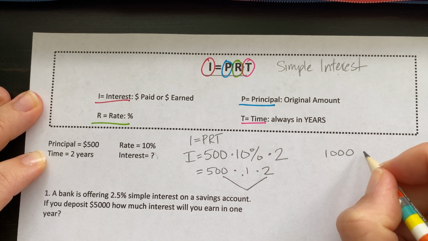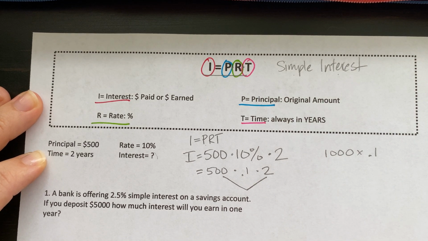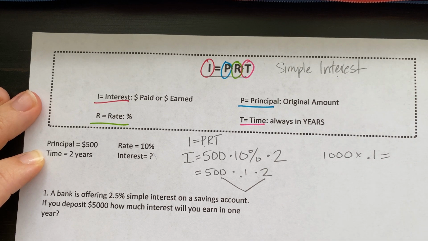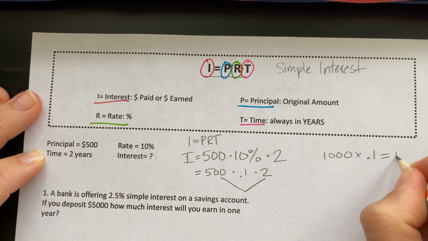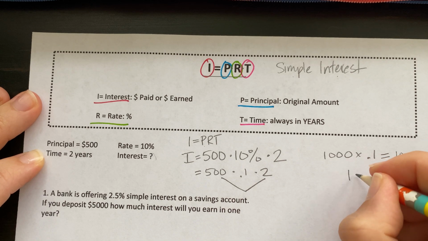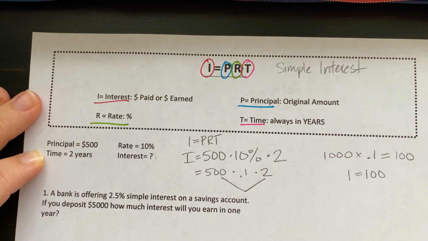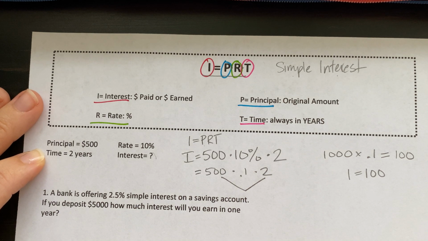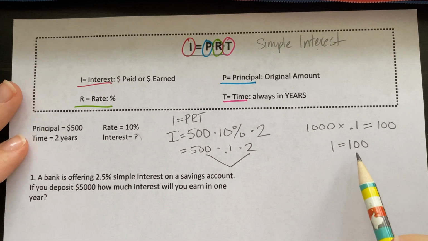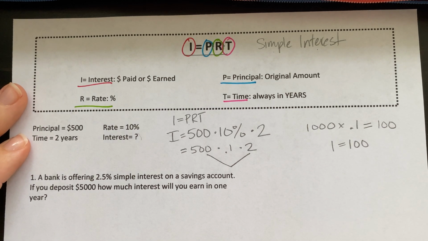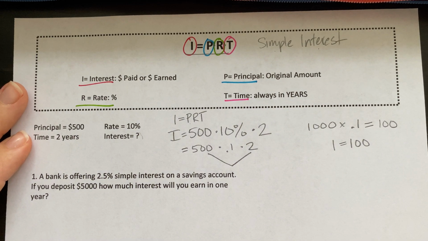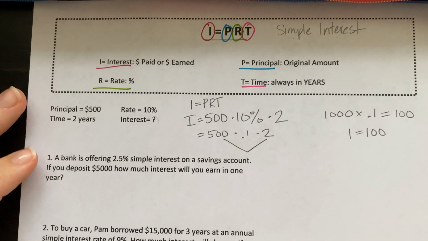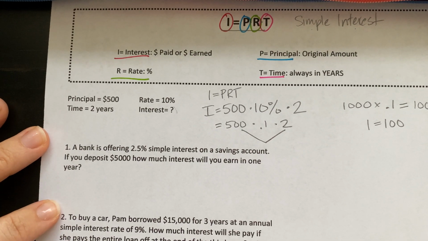And then multiply that times 0.1. And when you do that, you should get 100. So in this case, your I is $100. So when you're buying this computer, you're also paying $100 in interest on top of what the price of the computer was, okay? All right, let's go ahead and do an actual word problem.